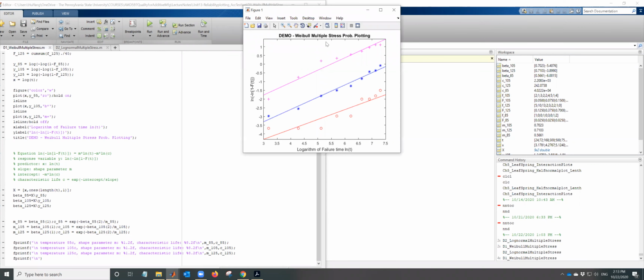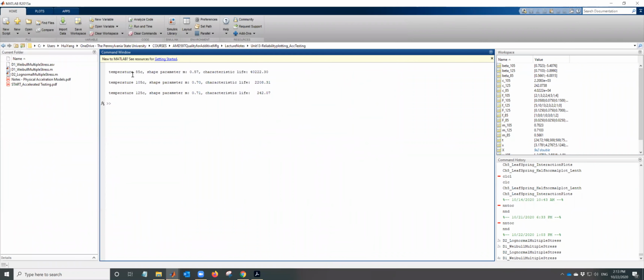Now this is a demo, Weibull multiple stress probability plotting. We have three lines, and the data follows the Weibull distribution under each stress condition, and they are parallel to each other. And then we estimated the shape parameter and also the characteristic life under each stress condition. And as we can see, M doesn't change much, right?